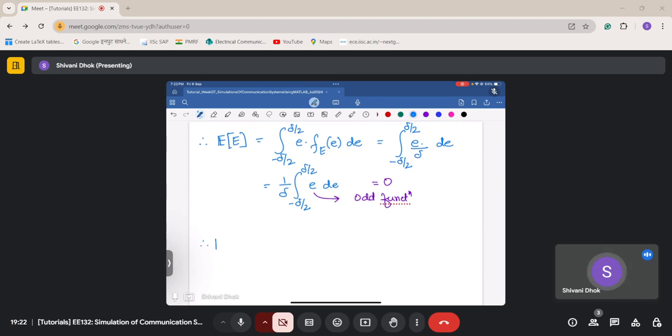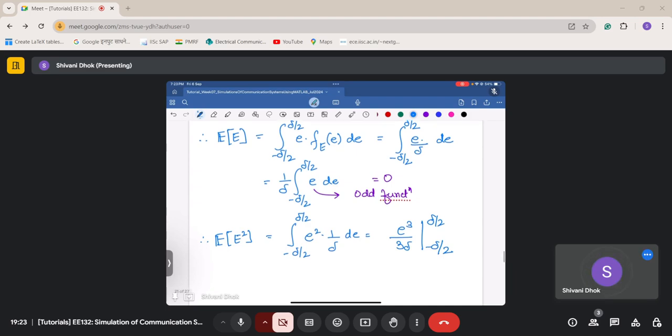Now similarly, we can find the second moment, that is the expectation of e square, and this will be given by the integral minus delta by 2 to delta by 2 of e square into 1 by delta de. This comes out to be e cube by 3 delta, integrated from minus delta by 2 to delta by 2.